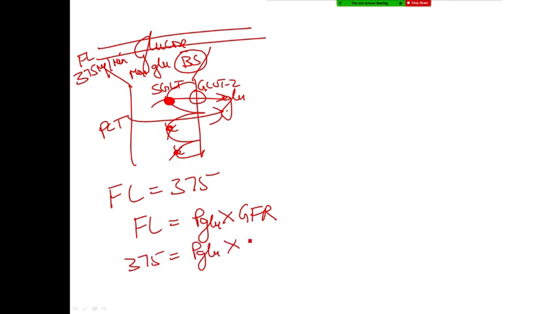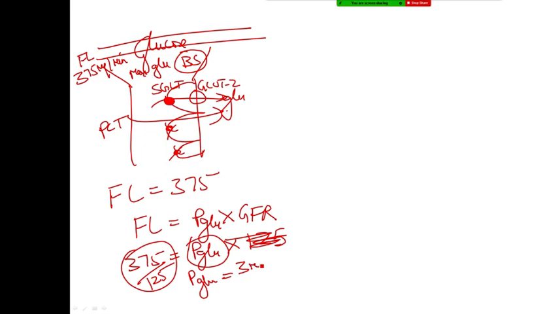And how much is GFR? 125. So when you solve this equation, plasma glucose is 375 divided by 125, which is 3 milligrams per ml. You convert it into deciliter by multiplying by 100: 300 milligrams per deciliter.